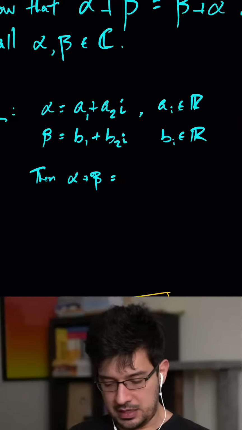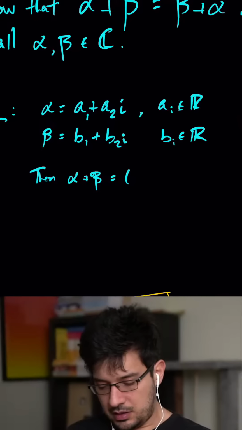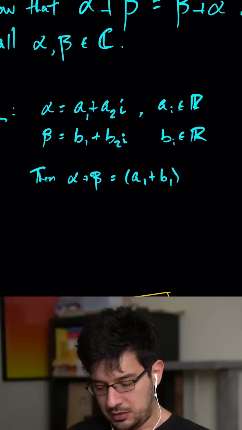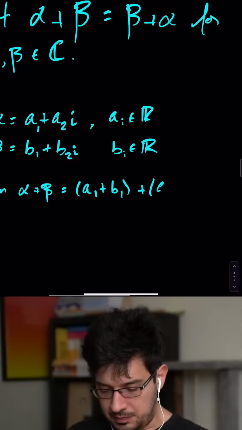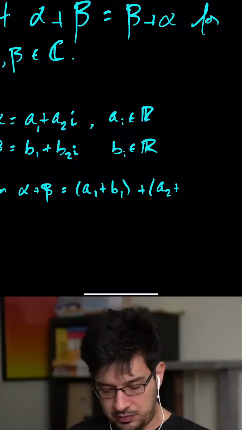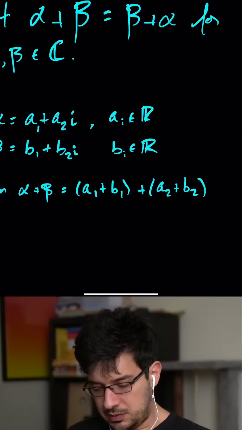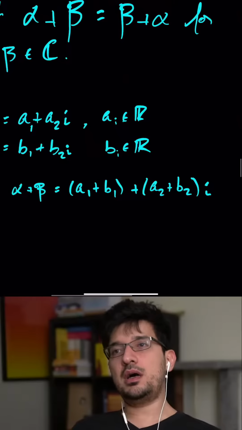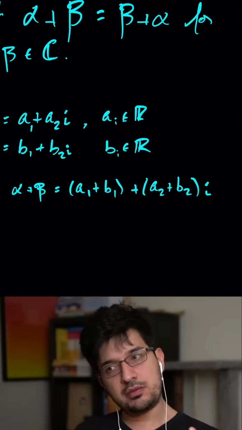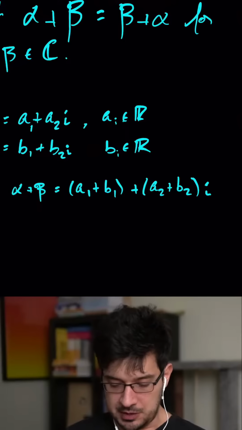Alpha plus beta is A1 plus B1. Addition is super easy, y'all. A2 plus B2i. So we added the 2 points coordinate-wise, from each coordinate.